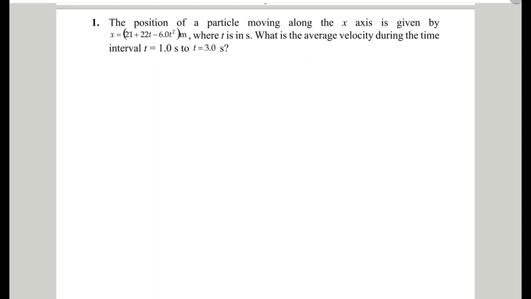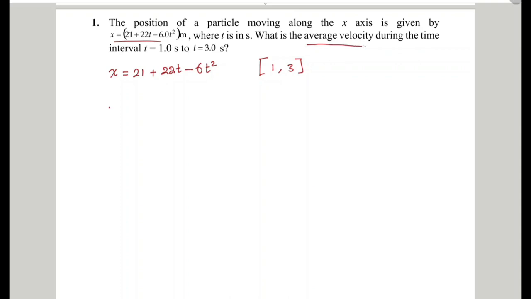So let's double check the given information. We have here the position, x equal to 21 plus 22t minus 6t squared, and time interval 1 to 3 seconds. The question is, find the average velocity.